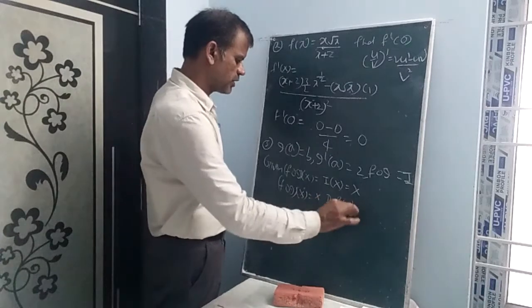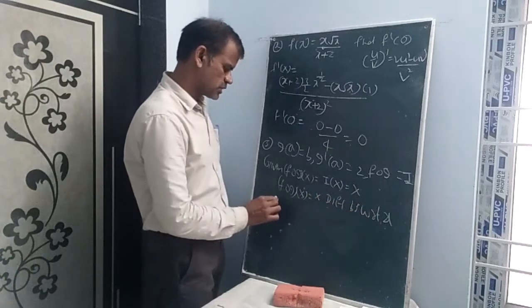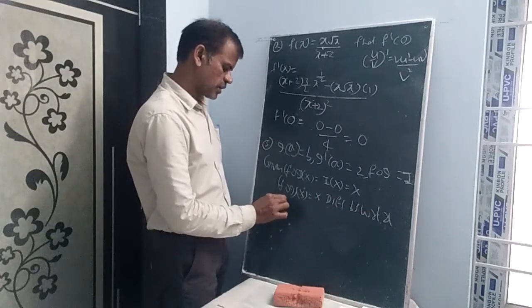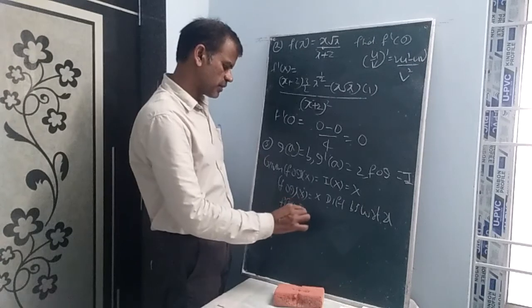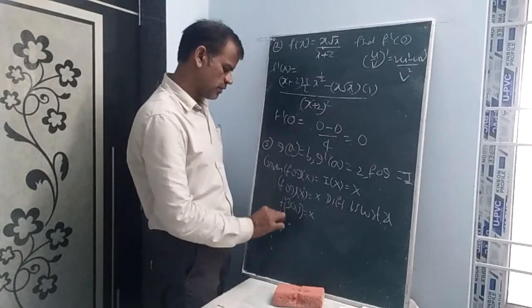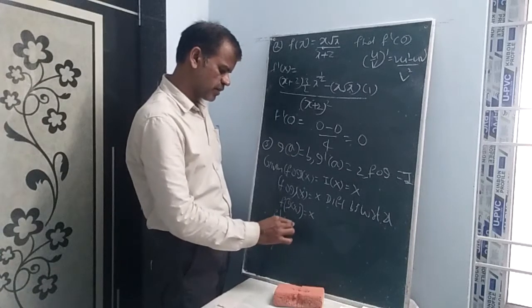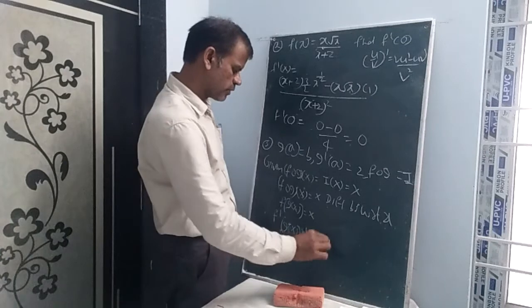Now write here, differentiating both sides with respect to x. After writing f of g of x is equal to x, differentiate both sides. The derivative of this is f dash of g of x into g dash x is equal to 1.